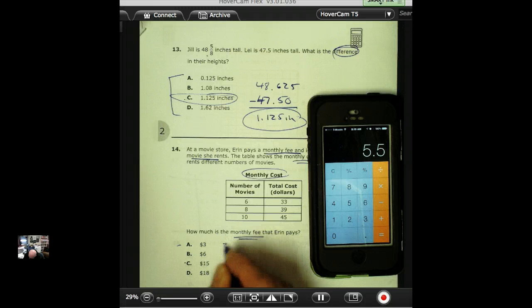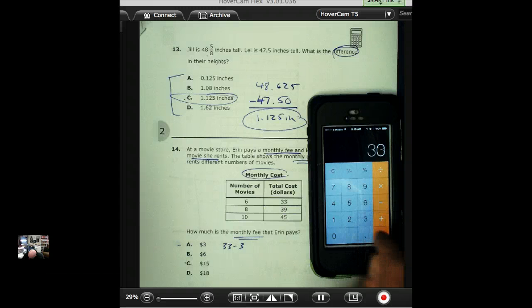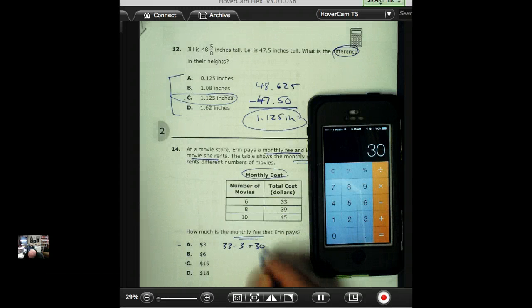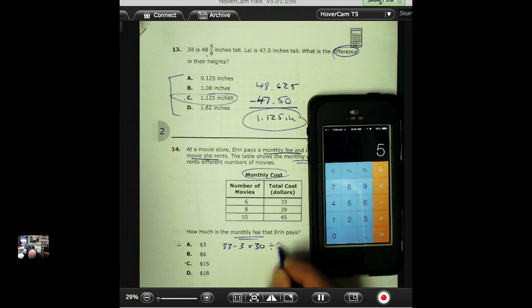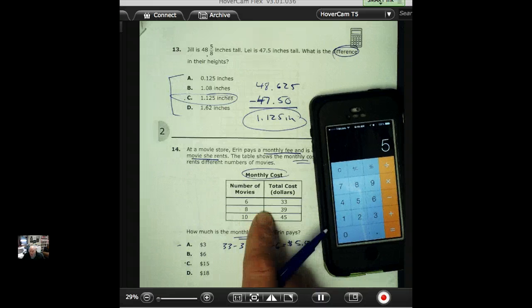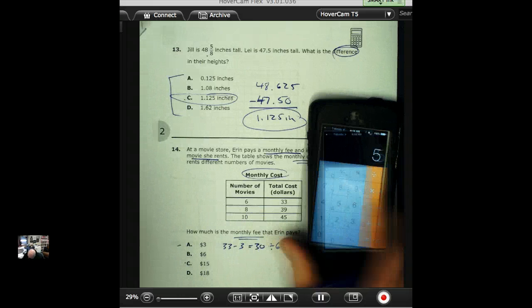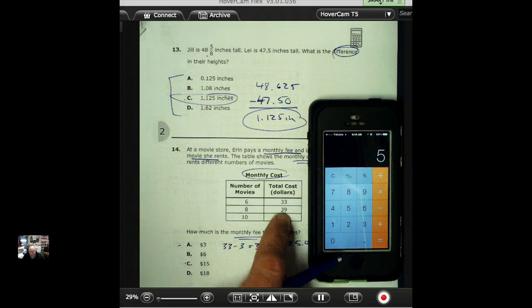I'm going to take 33 minus 3, which is 30, and divide that 30 by the 6, the number of movies. That'd be $5. If this answer is going to work, it should work for the other ones too, because it has to work for everything. So let's take 8 times $5, which is 40. So it can't be this answer here.